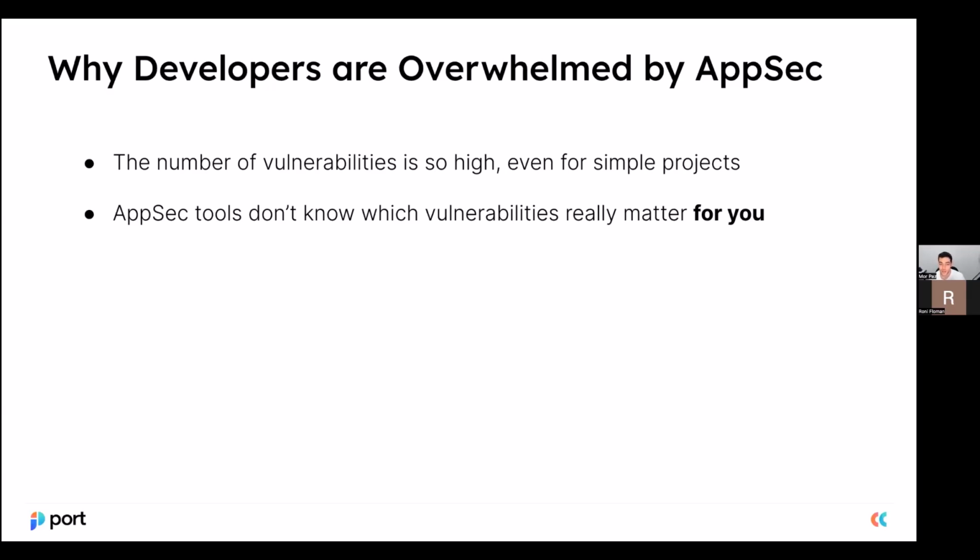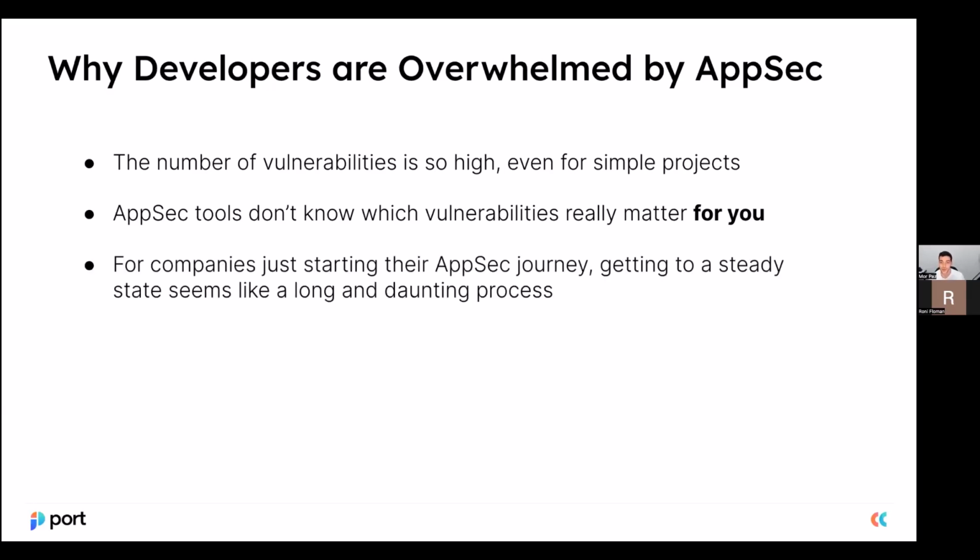But then again, the application security tool doesn't know that. For it, it might as well be the most mission critical and core microservice that I have in my infrastructure. And this is something we'll get back to later when we talk about how developer portals solve this issue.